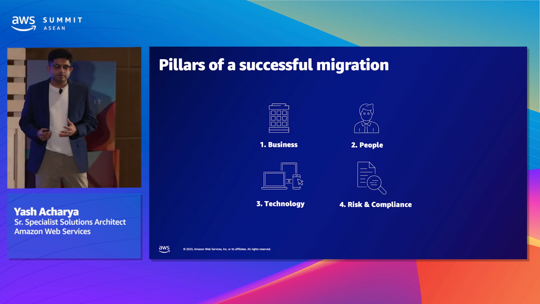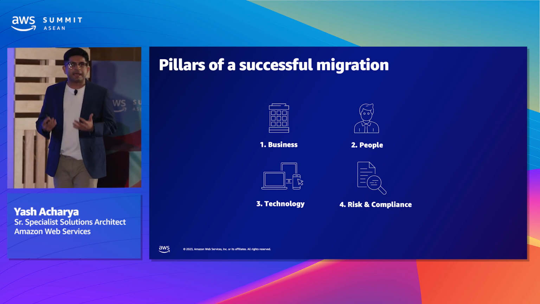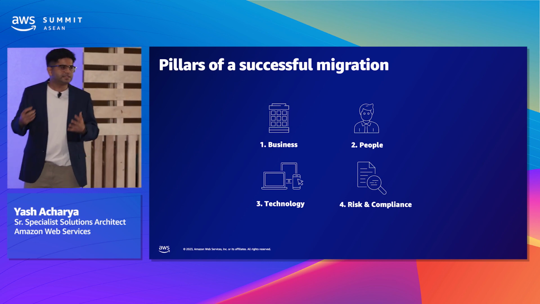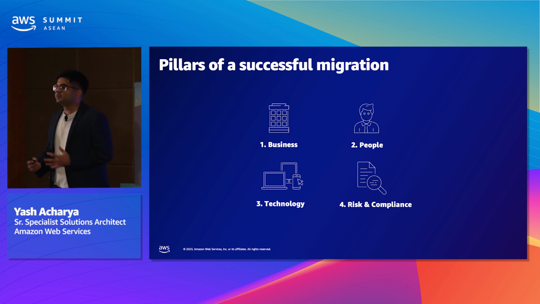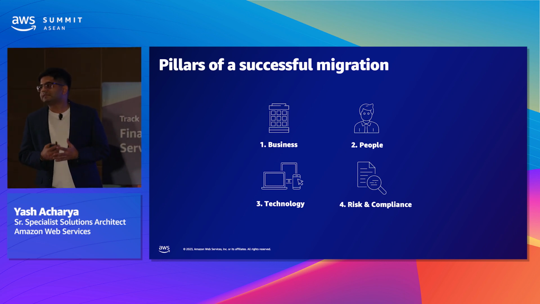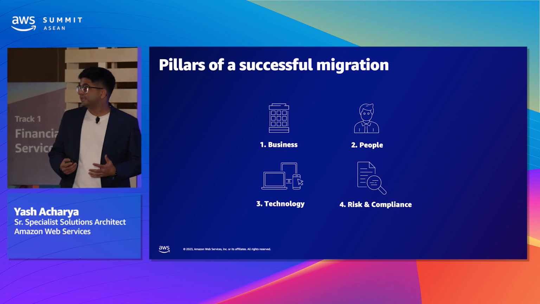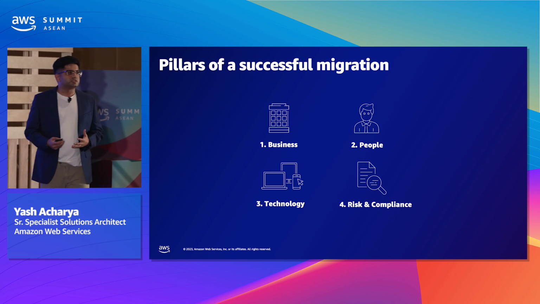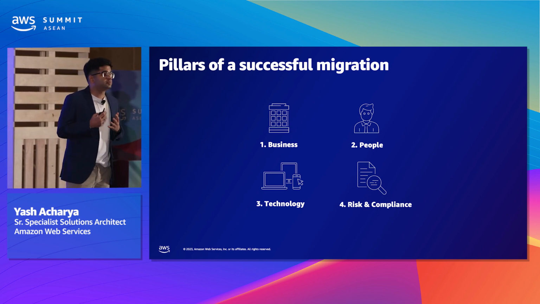You need to make sure that all the application assessments, the infrastructure level assessments, even the database level assessments are done properly. You're able to define your architecture in such a way that you can leverage all the cloud-native technologies. If you build out a strong foundation on the tech side, your journey would be much smoother.